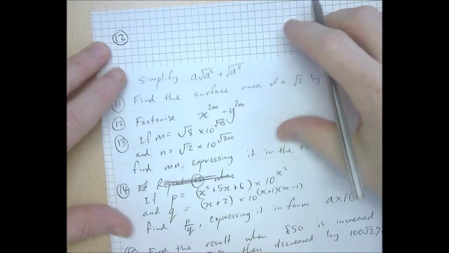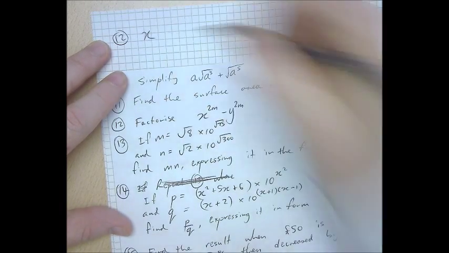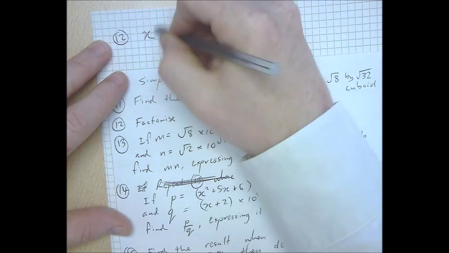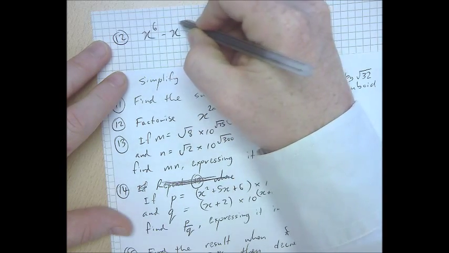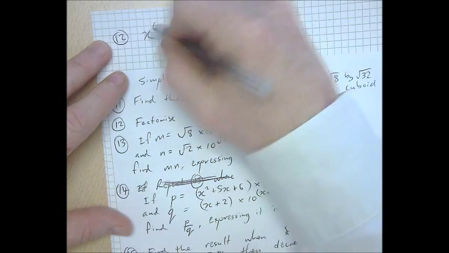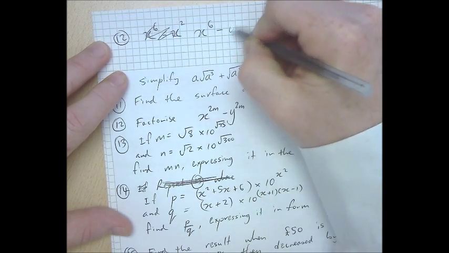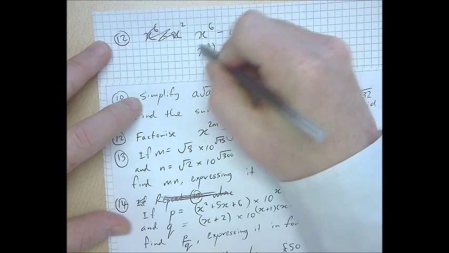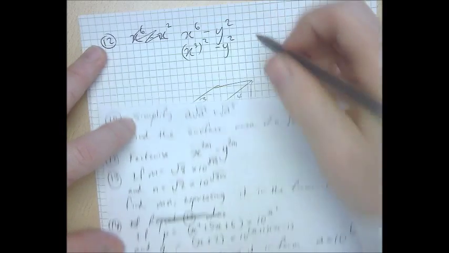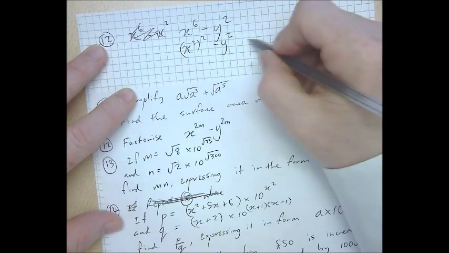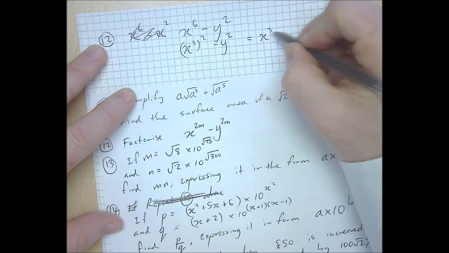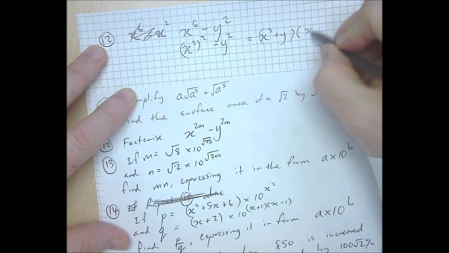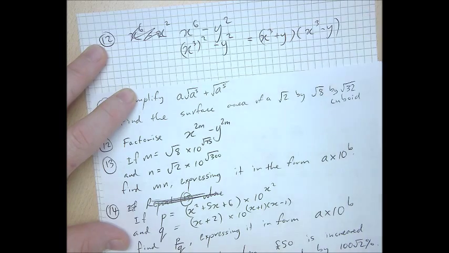In question 12, I have to factorize this. Now, these must be even numbers. So what would I do if I had to do a question like that? Would it be different to a difference of two squares? It ended up being the same bracket twice, once with a plus, once with a minus.